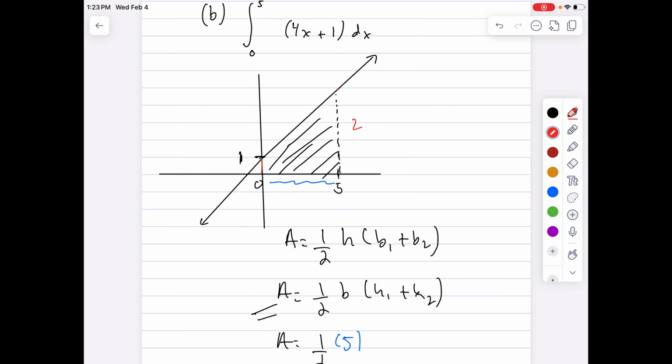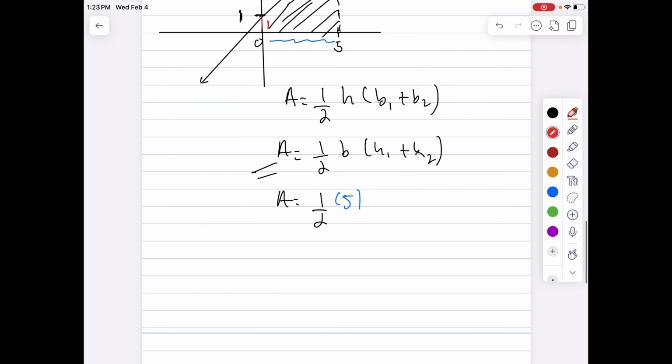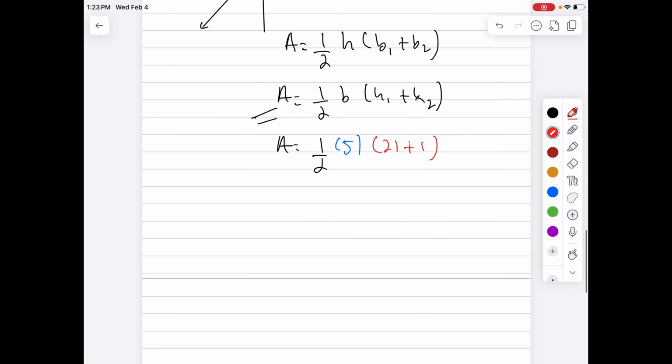This would be 21 because 4 times 5 plus 1 would be 21. And then 4 times 0 plus 1 is 1. So you have a height of 21, a height of 1. And therefore, your area would be 1/2 times 5 times 22. So that's 55 total. That would be your area, 55 units.